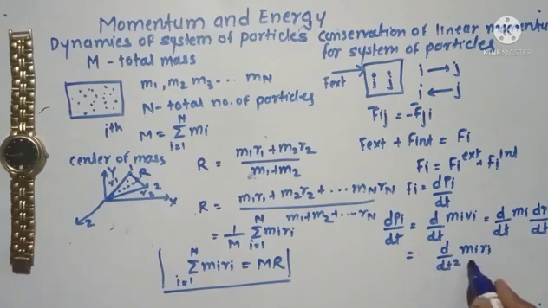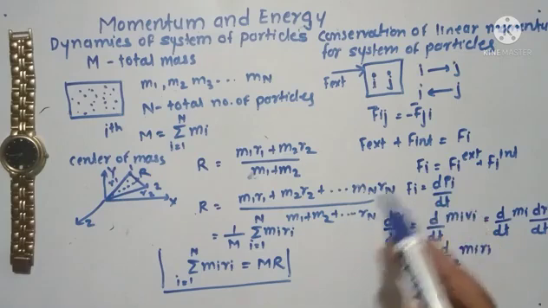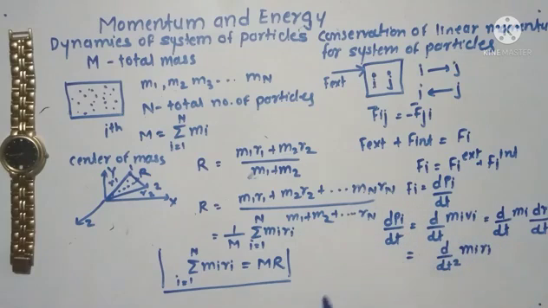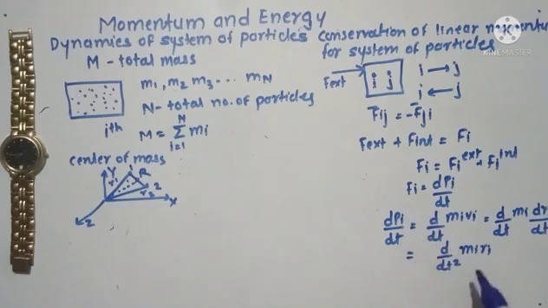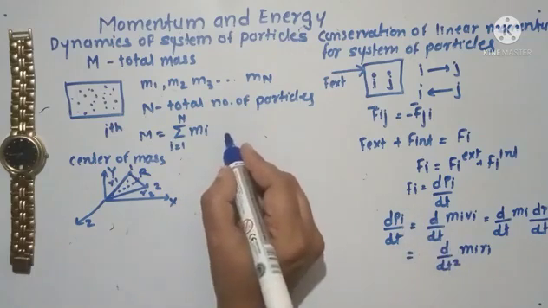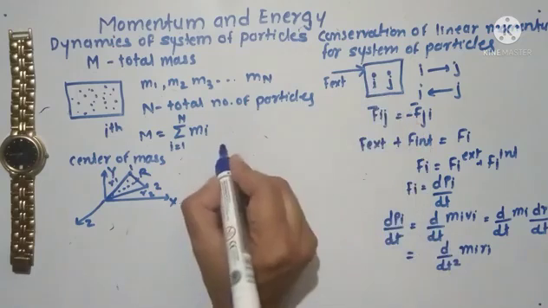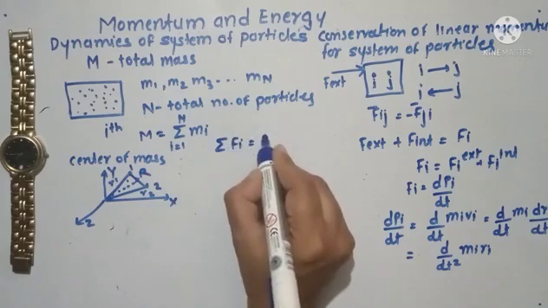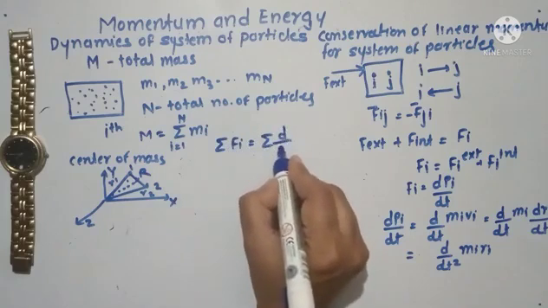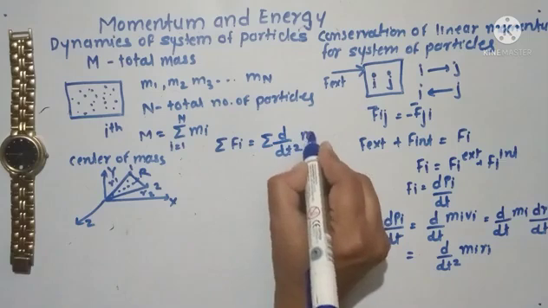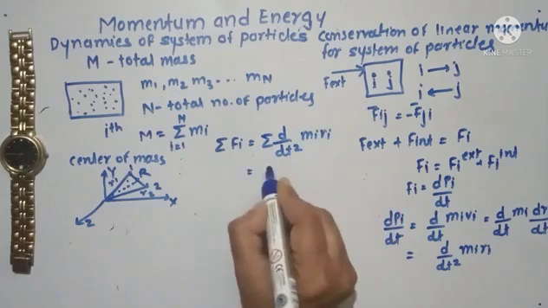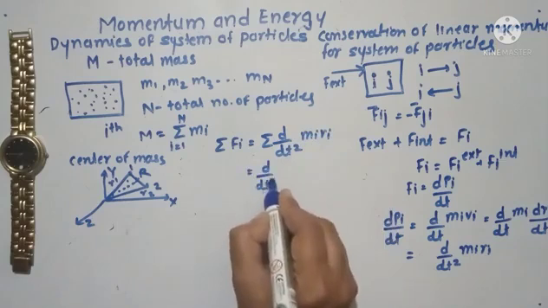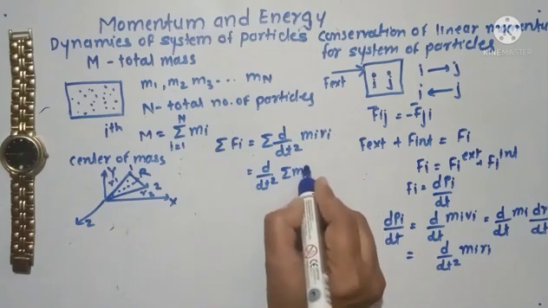And we know that this is the condition for one particle, so if I take the total force on the whole system, I can take the summation of this Fi, which is equal to the summation of d squared by dt squared of mi ri, or I can also write it as d squared by dt squared of the summation of mi ri.